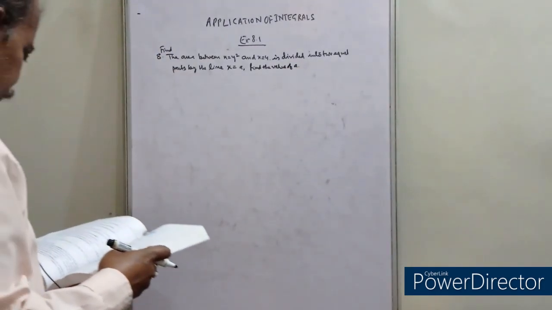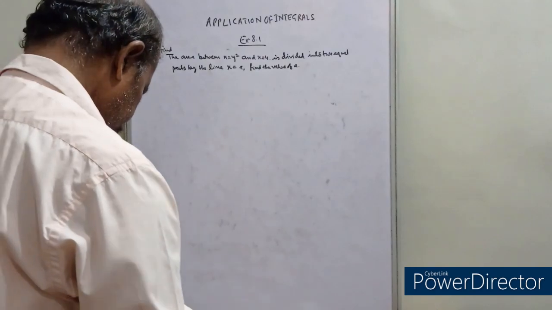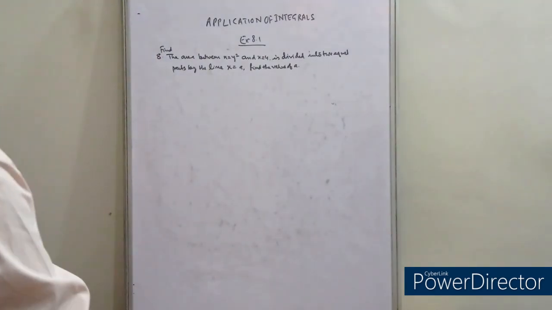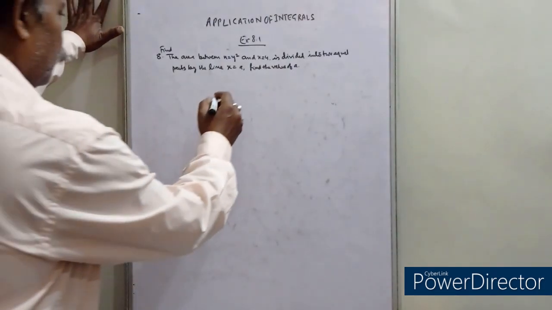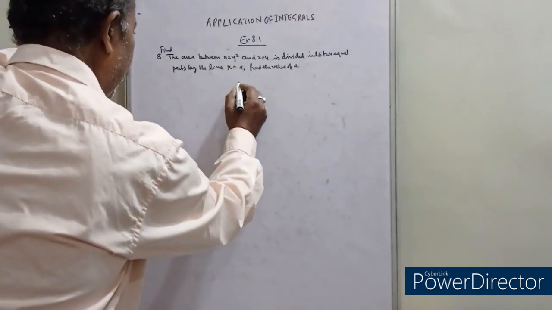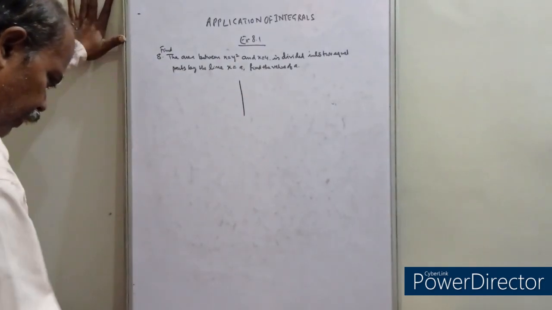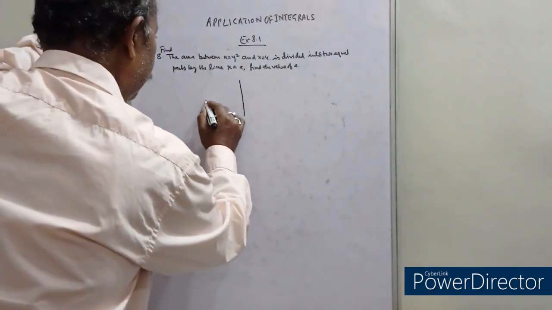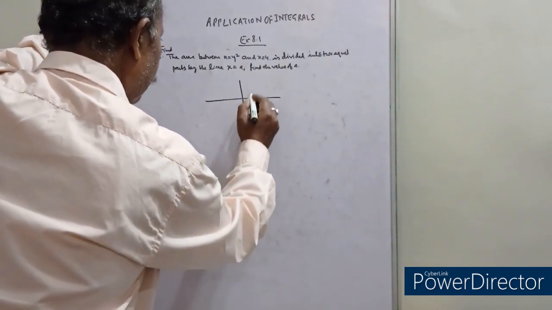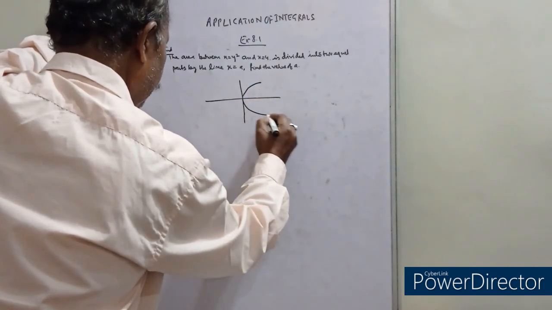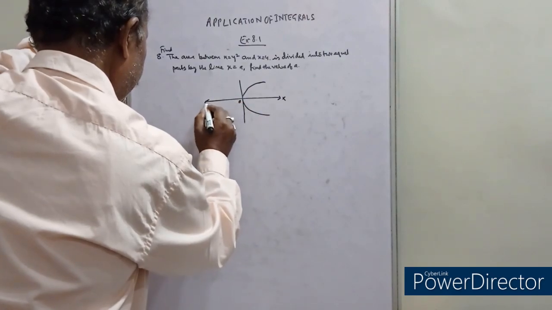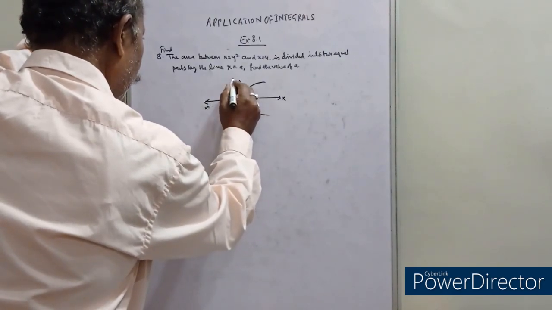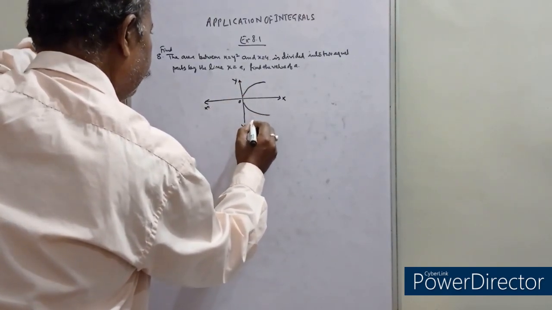So here again you see that this is the equation of a parabola. So y square is equal to x, which has its vertex at the origin, with axes x o x dash, y o y dash.